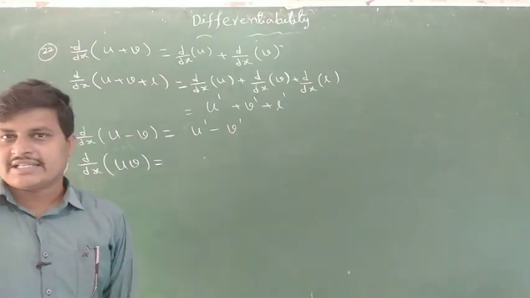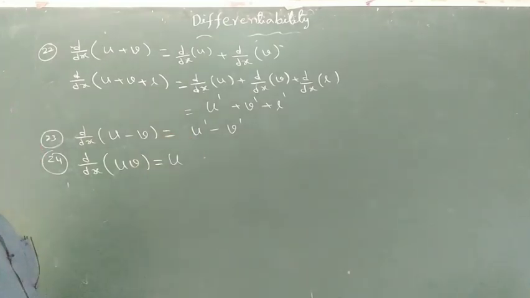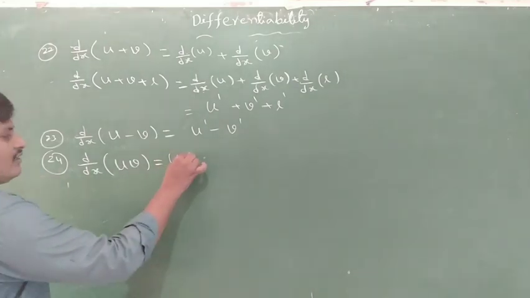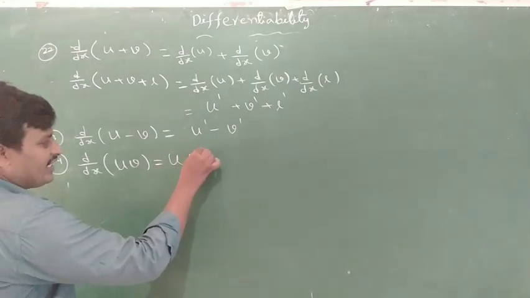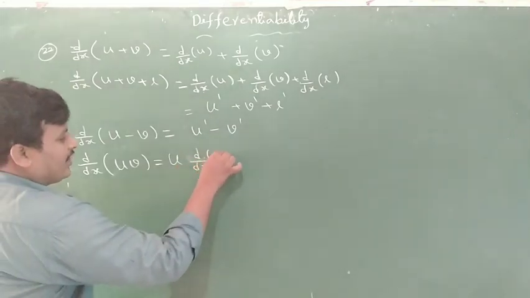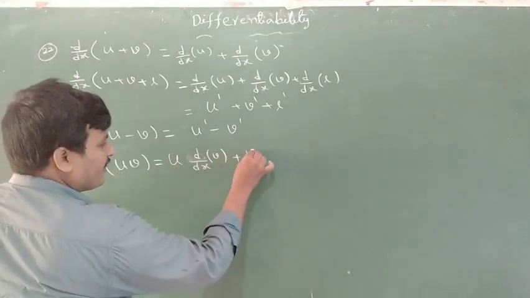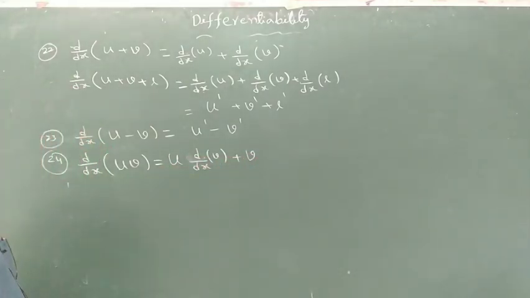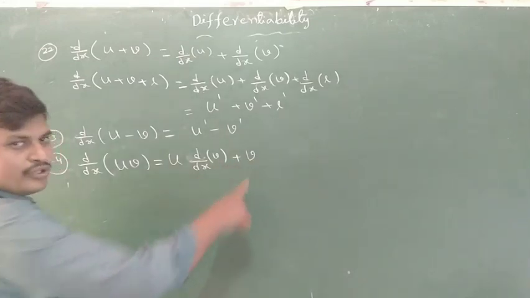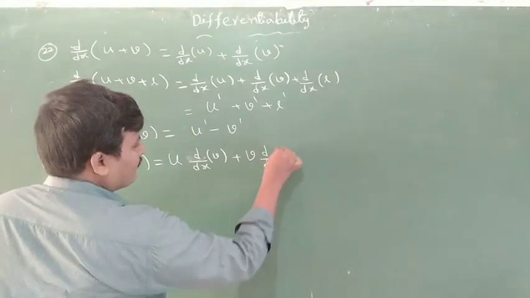It is not correct. Keep u the same and take the derivative of v, plus keep v the same and take the derivative of u.